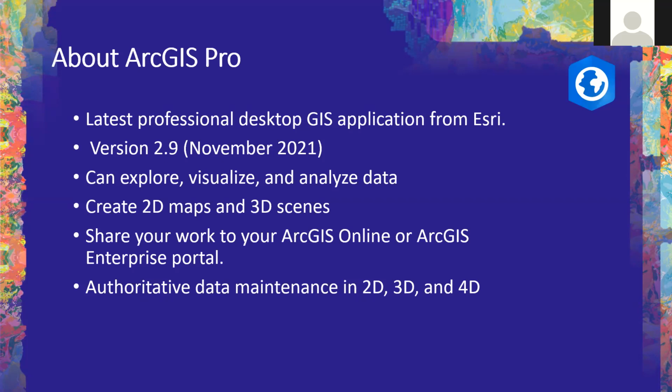So it is an authoring tool for publishing data. It also has various capabilities, especially certain things developed for the time dimension. For example, 4D, time-based analysis and time series are included in Pro in different ways.